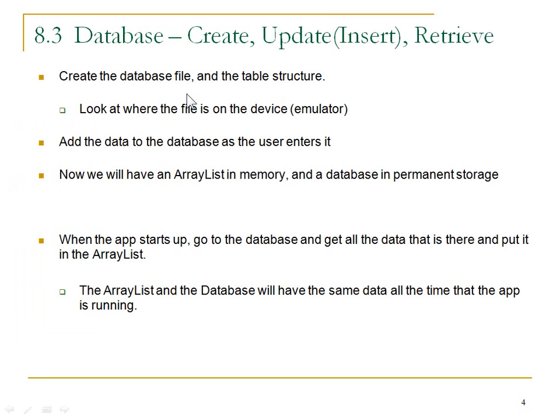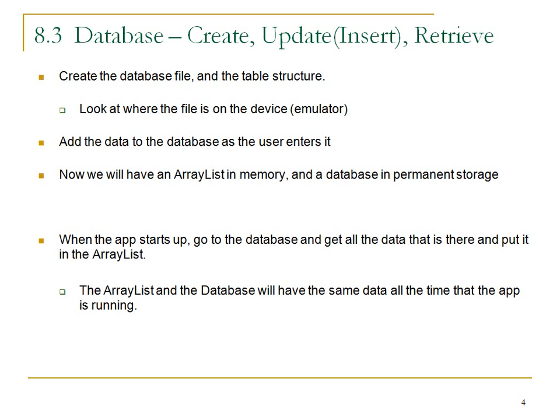Okay, so here's what we're going to do when we go into the code. We're going to create the database file on the device and the data structure. There's a fairly easy way of using the helper class to create the file on the device.